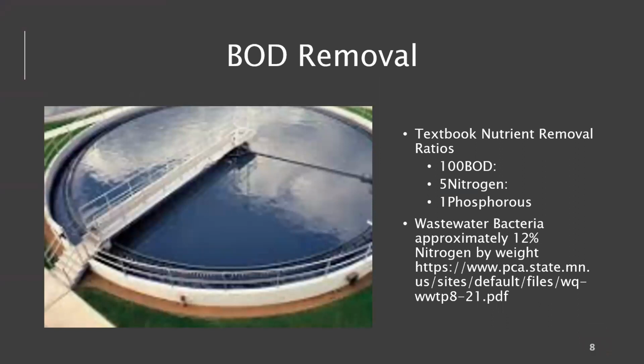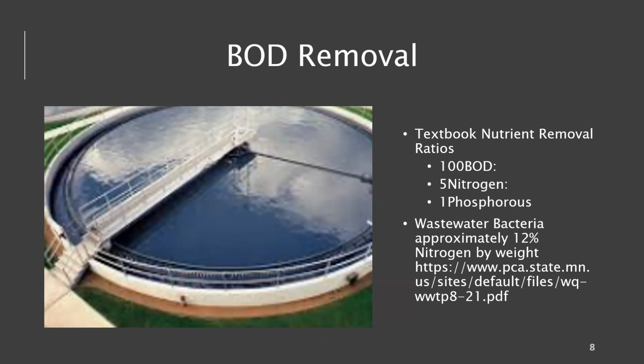So if we look at BOD removal, we are going to get some assimilation of nitrogen just through taking up BOD and growing new bacteria in the wastewater treatment process. Bacteria are generally about 12% nitrogen by weight.